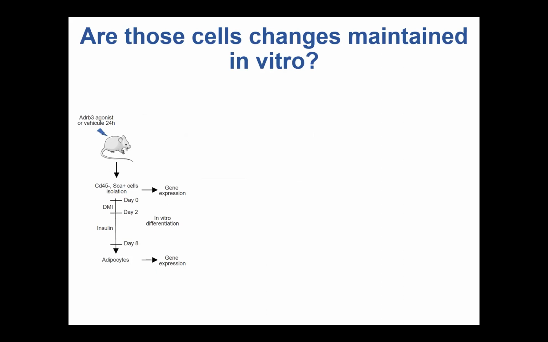And then we isolated those progenitor cells. We performed gene expression for genes before differentiation, and then we took those cells and differentiated them with a standard cocktail that will give rise to classic adipocytes. And then we performed again the same gene expression.